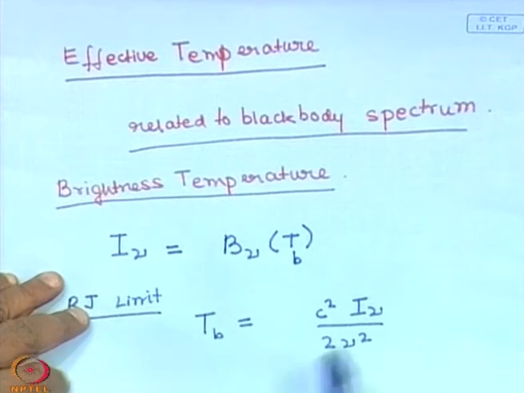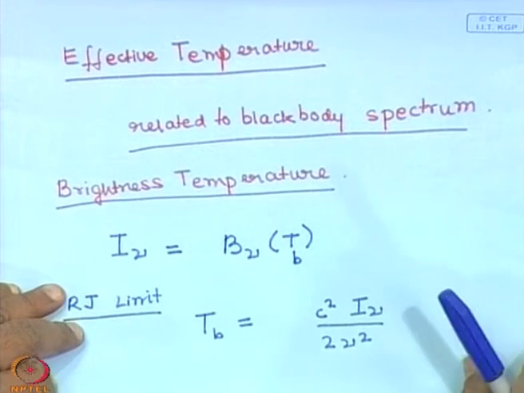The brightness temperature comes out in Kelvin, and it is a measure of the brightness of the radiation. The relation is extremely simple in the Rayleigh-Jeans limit. Otherwise, you have to put in the Planck formula and determine this. It often gives you a good idea of what is going on in radio astronomy, where this is extensively used.